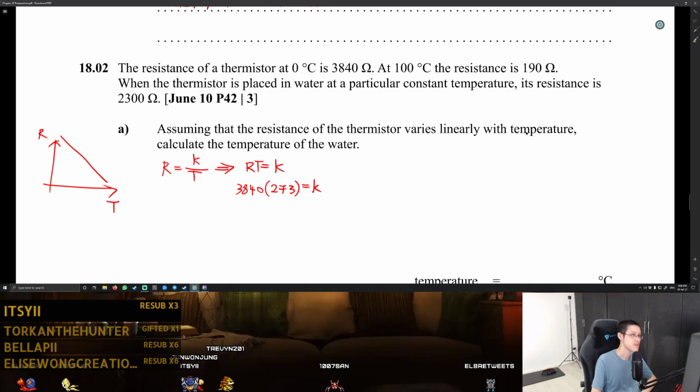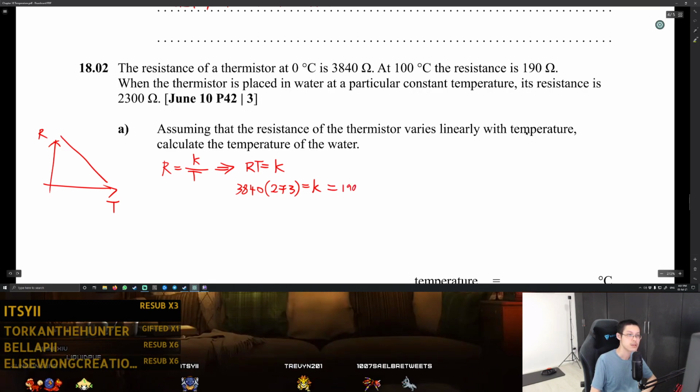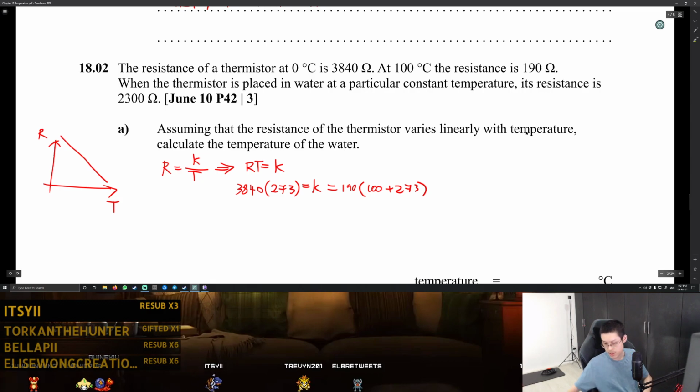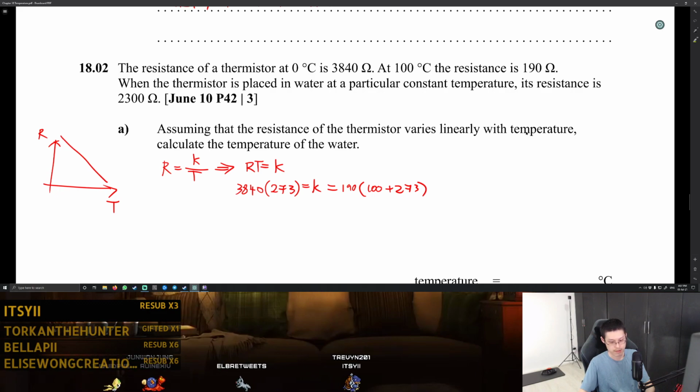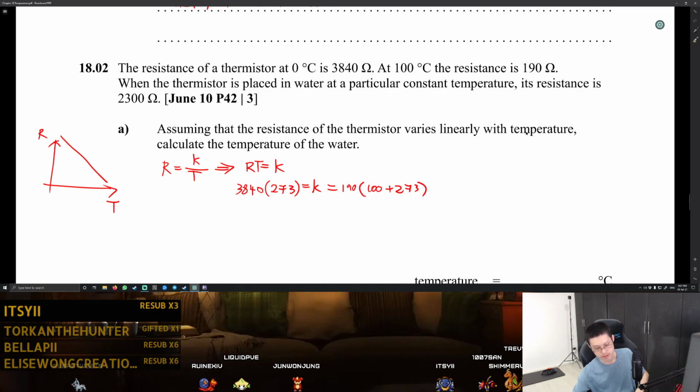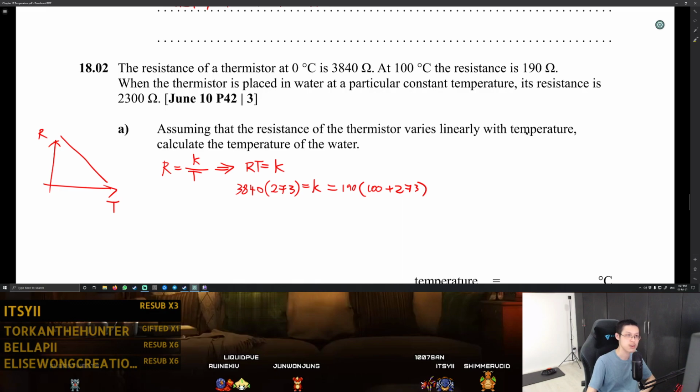Wait a minute, will they give you the same thing? This should be the same as 190 times 100 plus 273. I feel like this might not give you the same thing though. Hang on, let me just check. 373 times 190 is 70,000. Yeah, you don't get the same. So the proportionality constant is not the same.